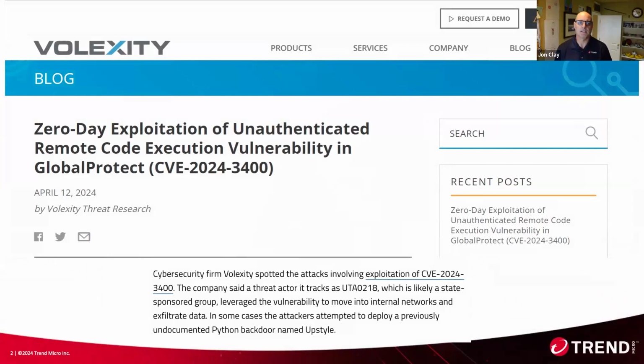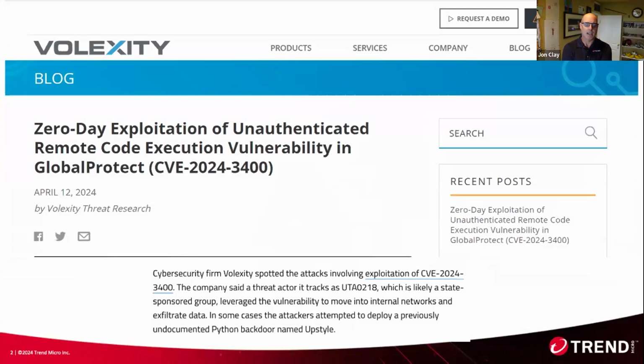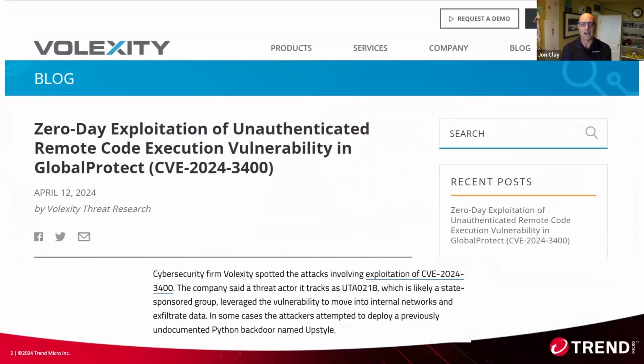So a company called Volexity actually found this in the wild. This was a zero-day exploit that was found in the wild by them in their customer environment. And obviously that's the challenge for anybody whenever there's a zero-day exploit, which means there is no patch for it.